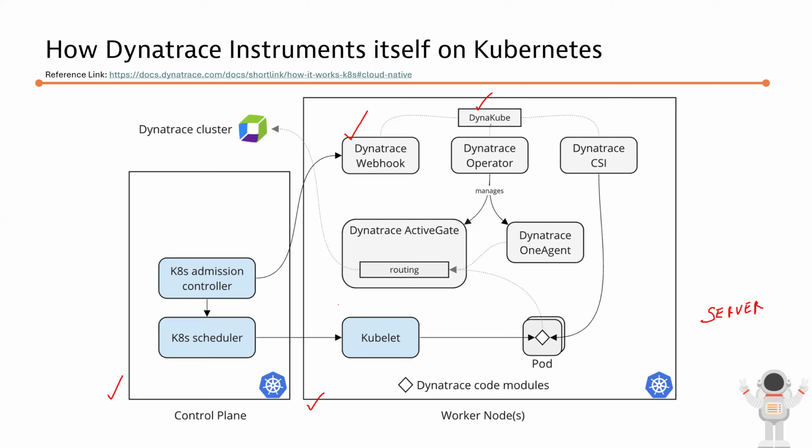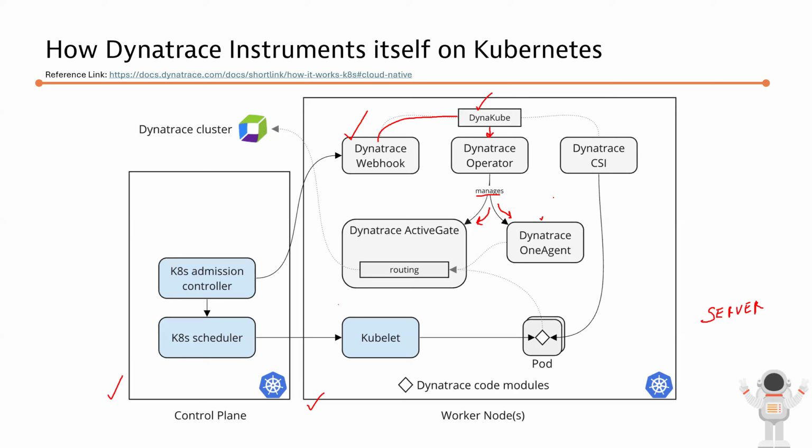Again, it's a very high level understanding. There are a lot of things that happen in the background, but I'm trying to simplify all of these things, right? So what the webhook will do, it will give all of the information to Dynacube, and Dynacube reaches out to the operator, right? And the operator has the images and all of the files which manage the one agent and the active gate, right?